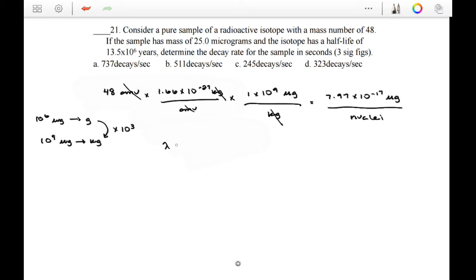So we have the decay constant is equal to the natural log of 2 over our half-life, but we're going to want to convert our half-life from years to seconds.